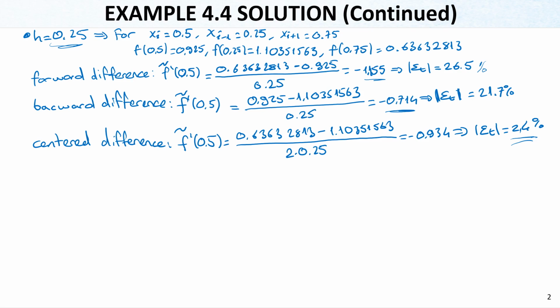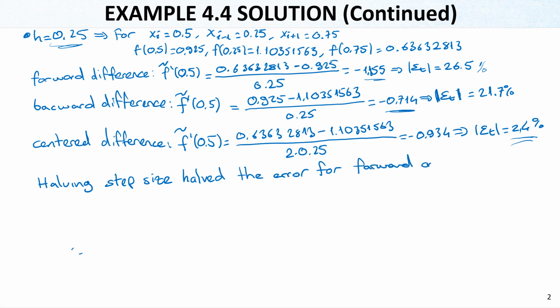So what we did is we used forward and backward, and we reduced the step size to its half, and halving the step size resulted in halving of the error, for forward and backward approximations or finite differences.